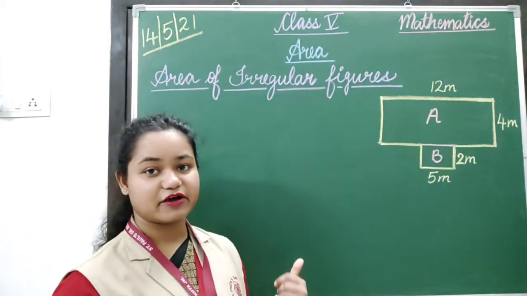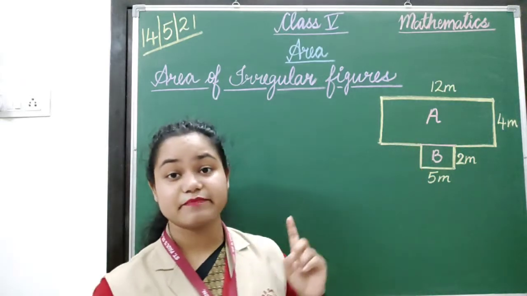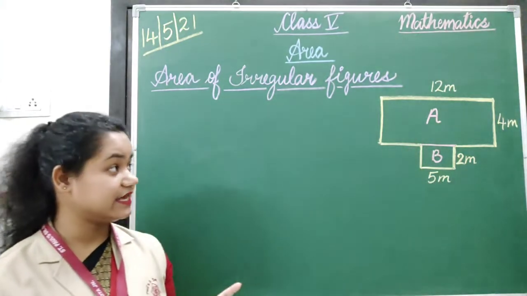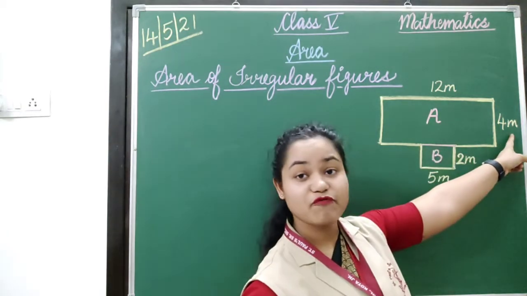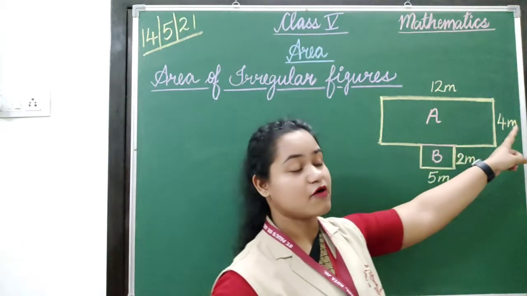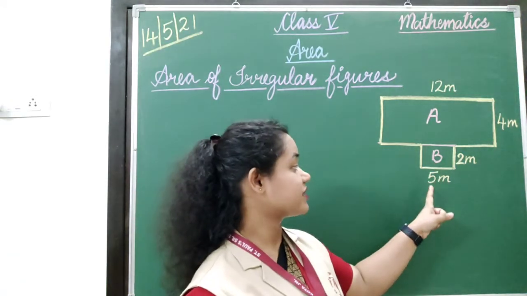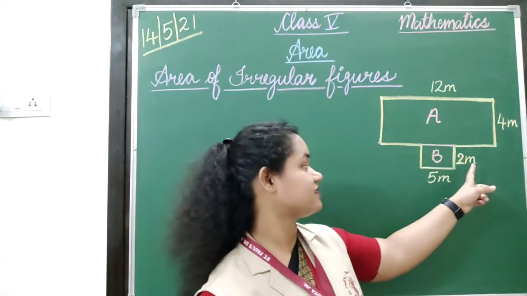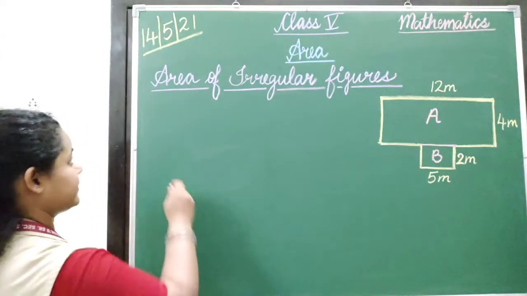In the first part, the A part, the length is 12 meters and the breadth is 4 meters. In the second, the B rectangle, the length is 5 meters and the breadth is 2 meters. Okay. So, let's find the area.